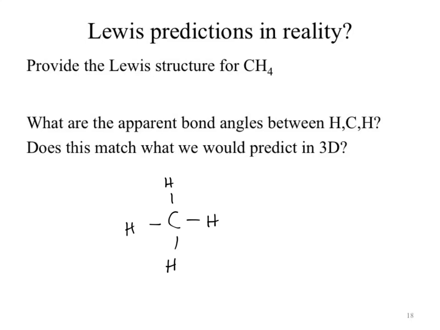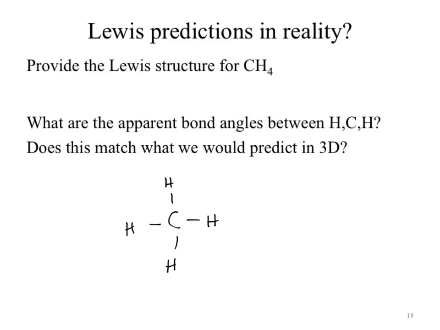Let's ignore the bond, so let's assume they can't bond. If we take a look at these hydrogens, our top hydrogen is going to get as far away from the hydrogens on the side as possible. So what we would expect is each of those hydrogen atoms to spread as far away as they possibly can. And because they're all the same, what should the distance be between each and every single one of those hydrogens? The exact same.